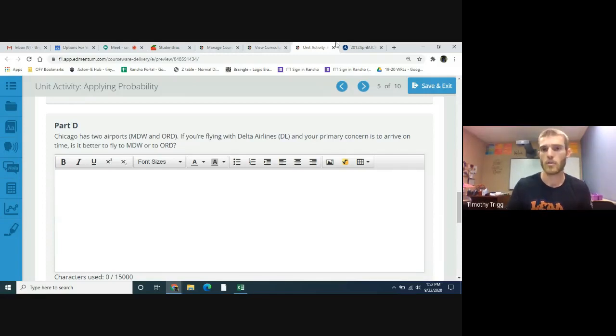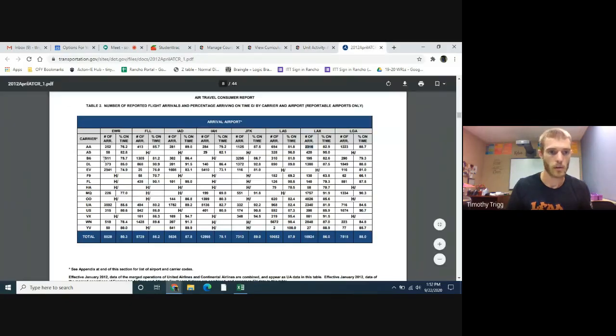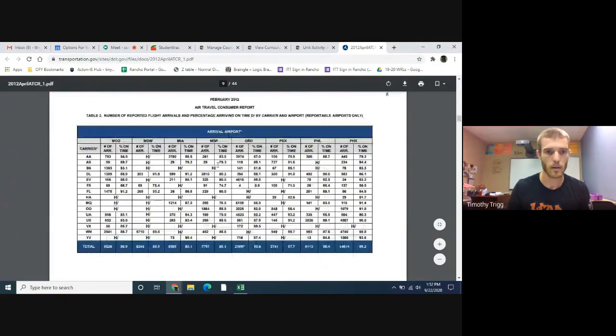So if you look here, we want to find, you can see DL's right here. So it's this row. And we want to find these two airports, MDW and ORD. They're not here. We might scroll down. Here they are. MDW is right here and ORD.